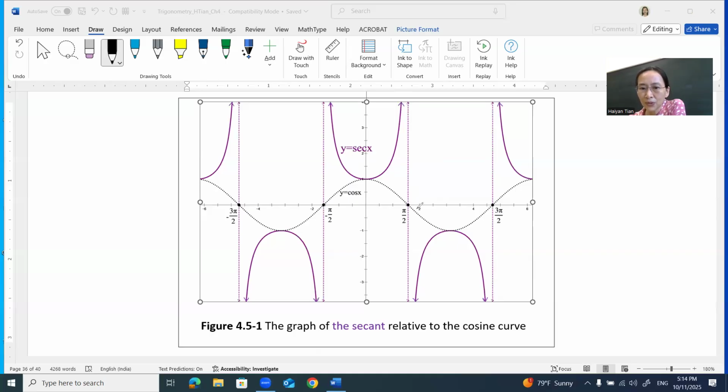But when the cosine takes negative values, the reciprocal of a negative number is also negative. So we remember this identity, secant x: when the denominator is negative, the reciprocal is also negative.